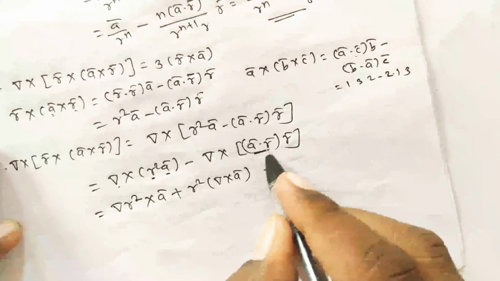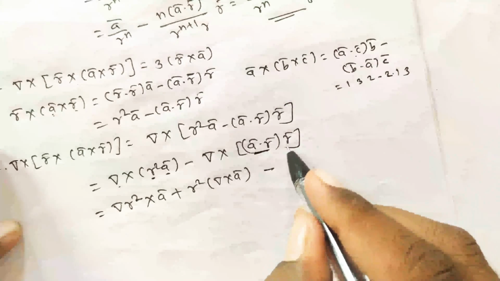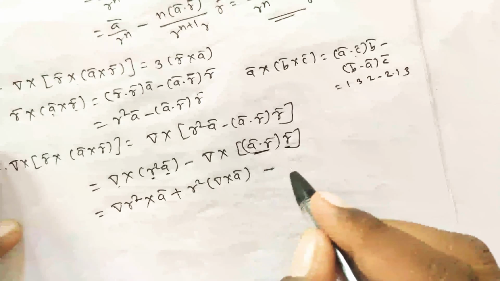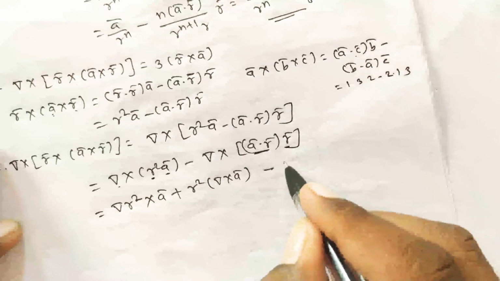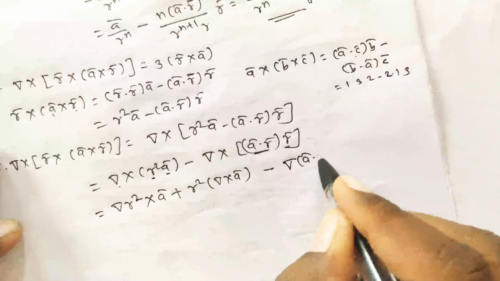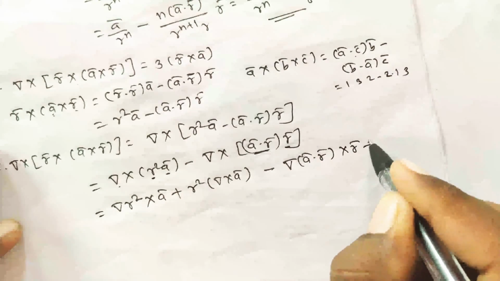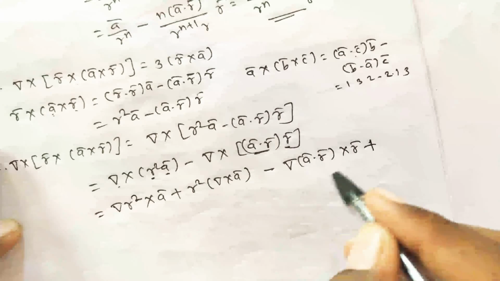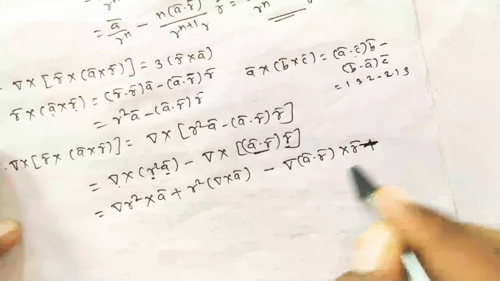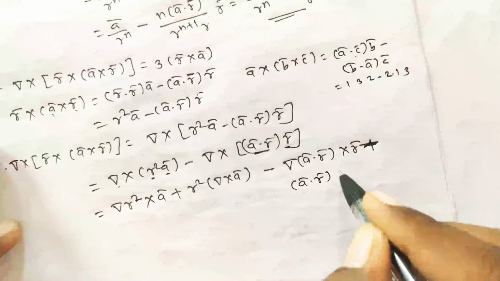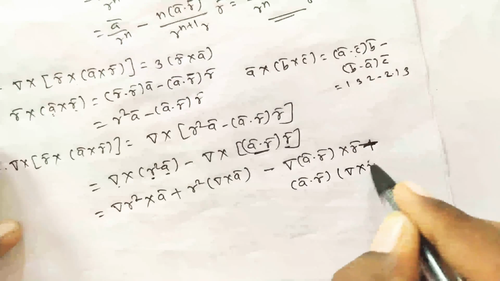This a bar dot r bar is a scalar quantity, r bar is a vector quantity, so del cross phi u bar, again using the second identity, that is del phi is del of a bar dot r bar cross r bar plus phi, here again minus, phi means a bar dot r bar into del cross r bar.